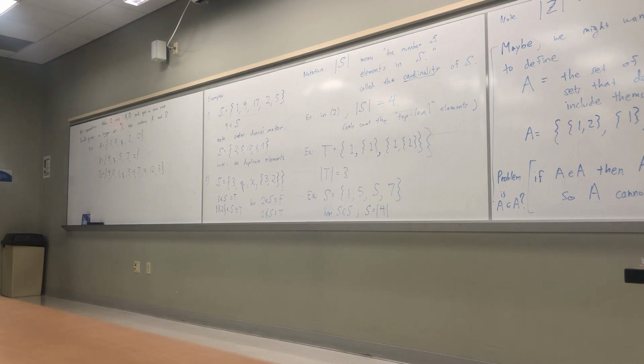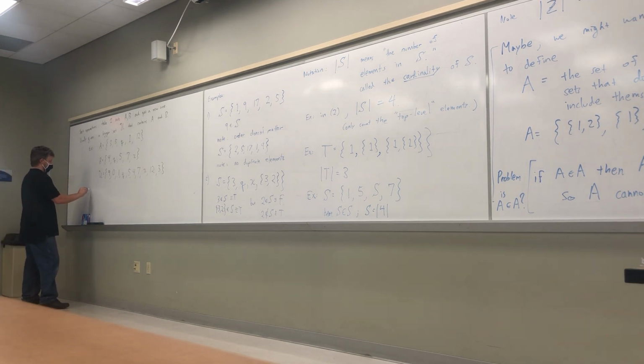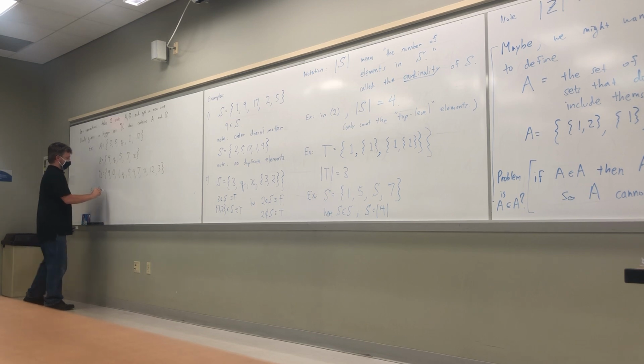All right, so first operation is the union. So A union B looks like this. You write it, or you say it out loud, as union.